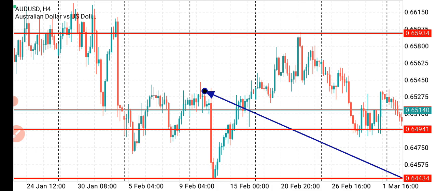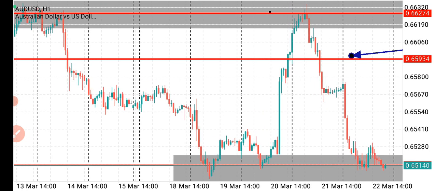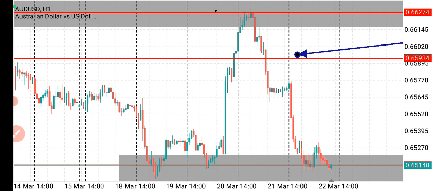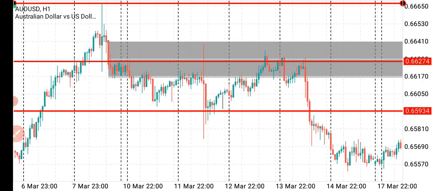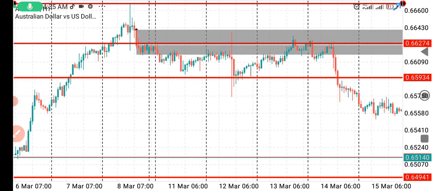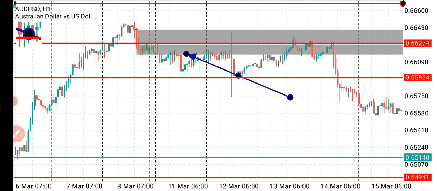Then from here we'll move to our H1. Great. You can see that this is becoming more and more clear. You can see how long price has been moving in this direction. Here has been a strong resistance.